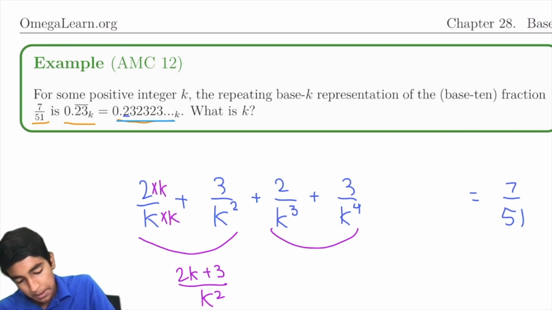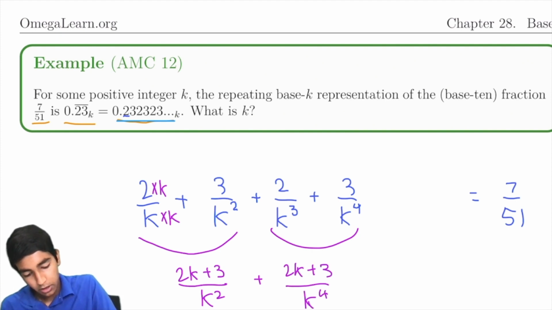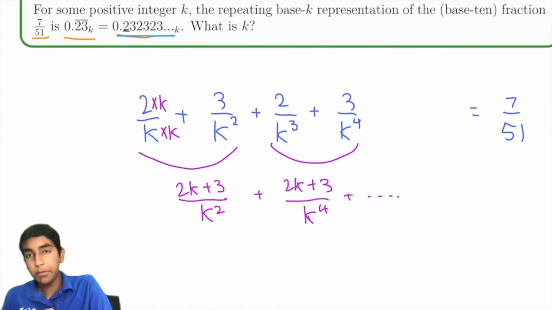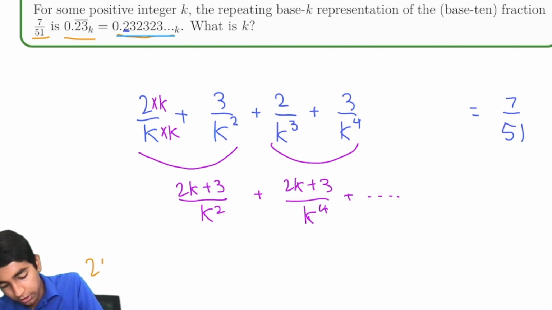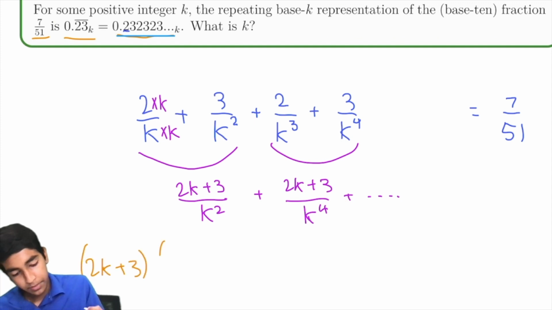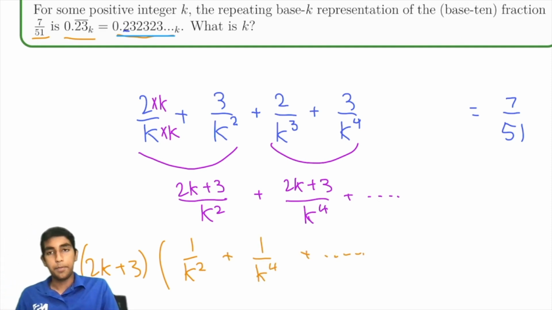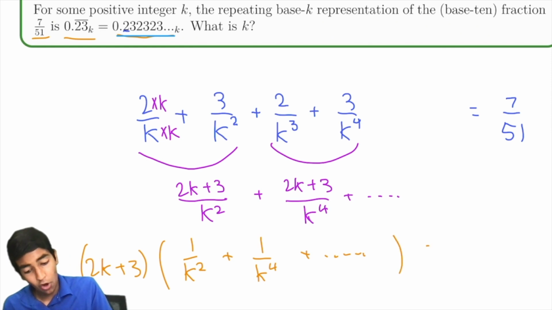And this would be plus 2k plus 3 over k to the 4, right? Common denominator. And it keeps going. Now let's pull out 2k plus 3. It's common amongst all the terms. This then becomes 1 over k squared plus 1 over k to the 4, and so on. And that is 7 over 51.